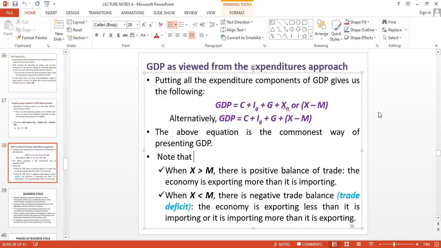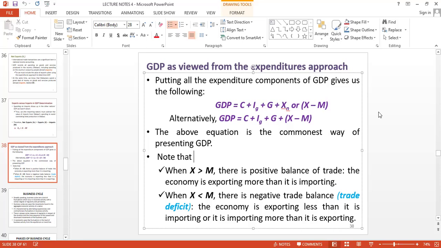So now in Malawi, the composition there is that usually our net exports are negative. For example, for the past few years, our net exports have been minus $2 billion.